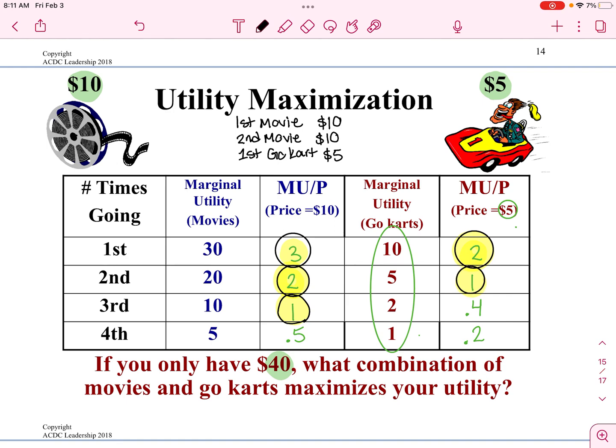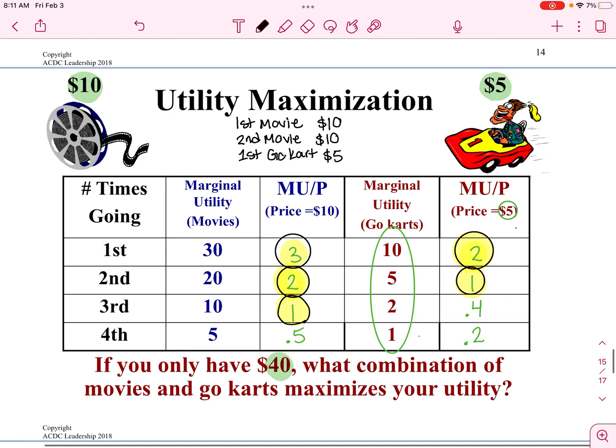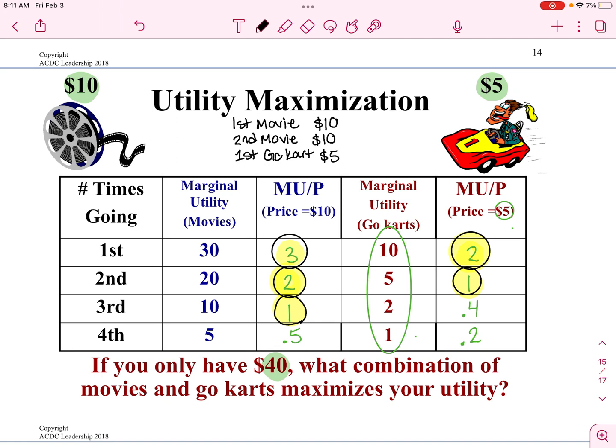And you will see that these problems will always work out nicely like this. So it looks like we are going to go to the third movie, and that is $10. And the second go-kart for $5.